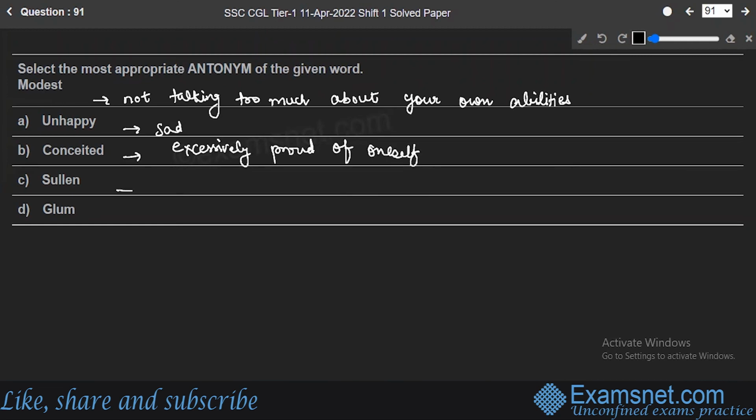Okay, the next one, sullen, means looking bad tempered, or not wanting to speak to people. Glum means sad and quiet. So the antonym for the given word modest. Modest means not talking too much about your own abilities. The antonym for the word is conceited.